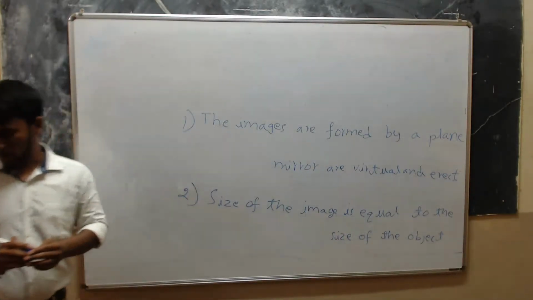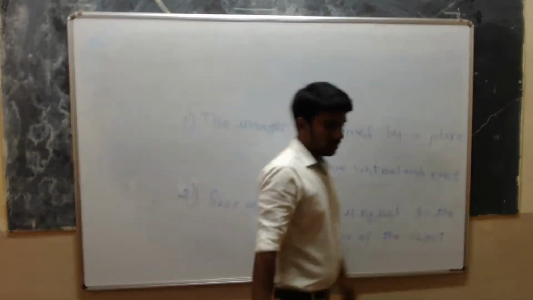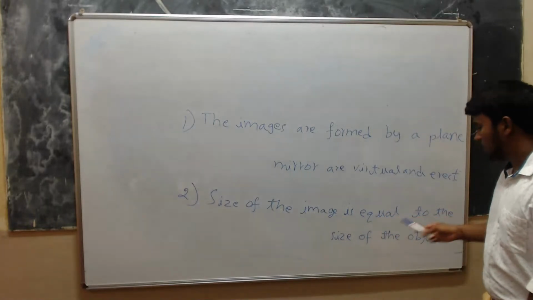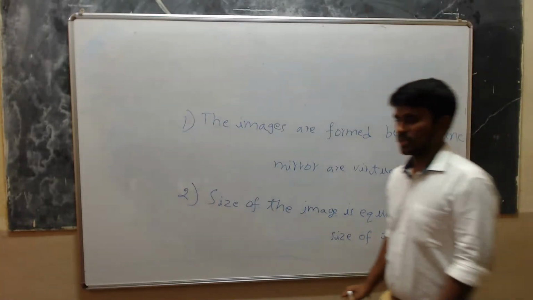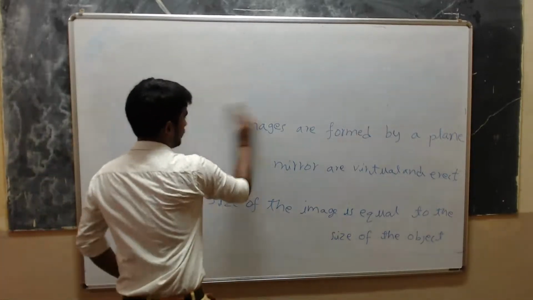So this is the second property of the plane mirror. See, the size of the image is equal to the size of the object. This is the second property of the plane mirror. Next, the third one.